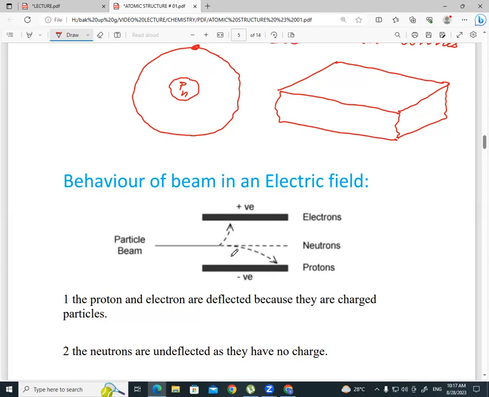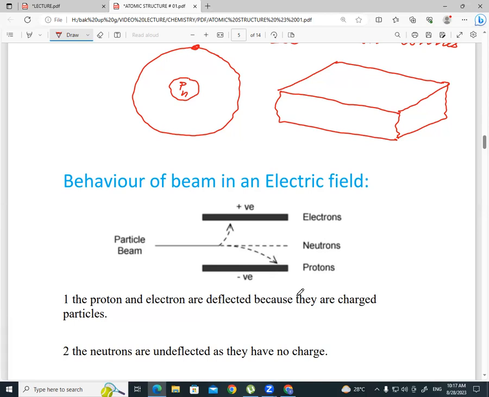And see, the deflections of electron and proton are not equal. The reason is that we have earlier learned that the charges of proton and electron are the same, but their masses are not the same.